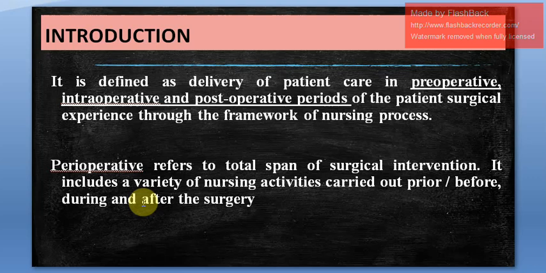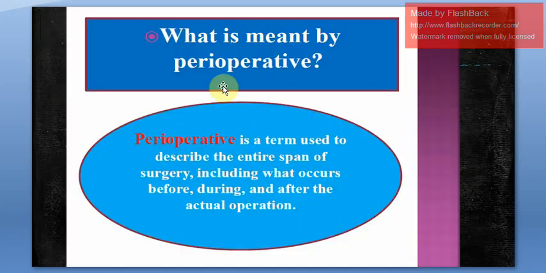In simple terms, we can tell that perioperative means it is a nursing activity carried out before, during and after the surgery. So this is the definition of perioperative nursing. Remember the term here, peri is different, pre is different.